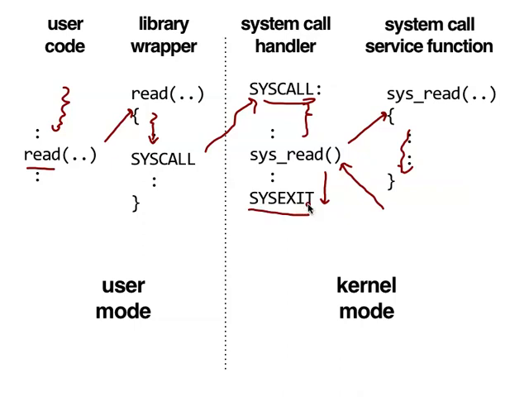So the sys exit here refers to the cleanup phase, and to clean up, there are a few things that you do. You can indicate whether there's any error. Right? Check if there is an error. You can also check if you should continue the execution of the previous process.